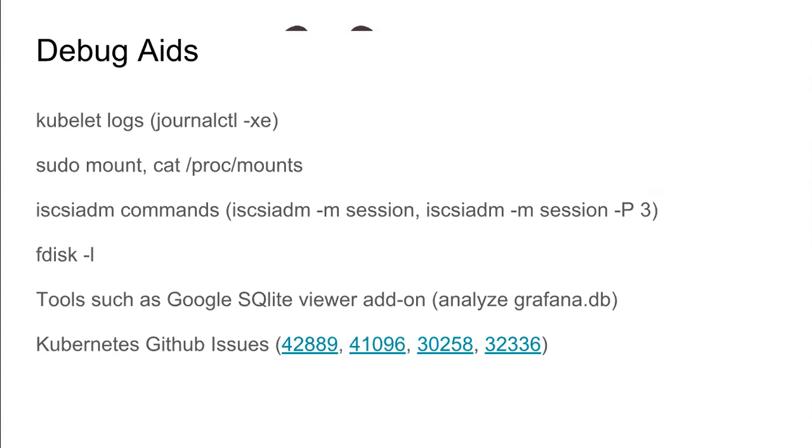We also used iscsiadm session to see session details, with -P3 to see the device to session linking, the fdisk command to see the disks, and the Google SQLite viewer add-on for Google Drive to view the content of the Grafana DB as we were writing.